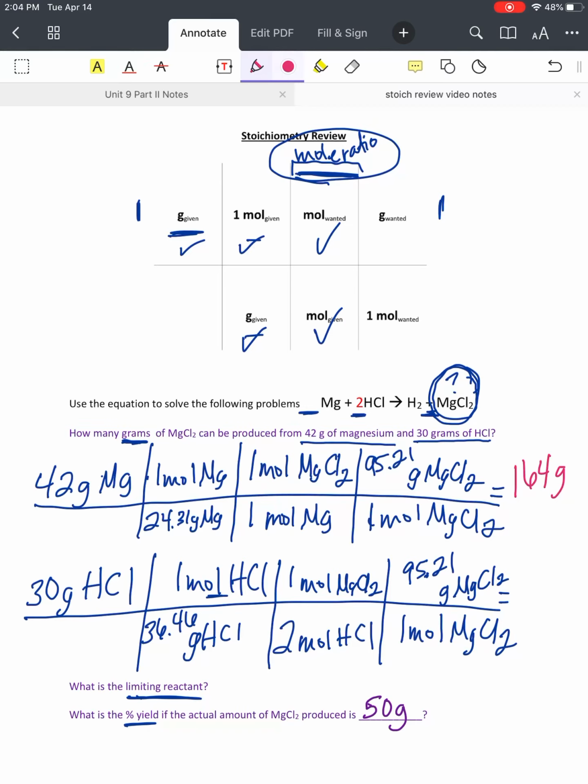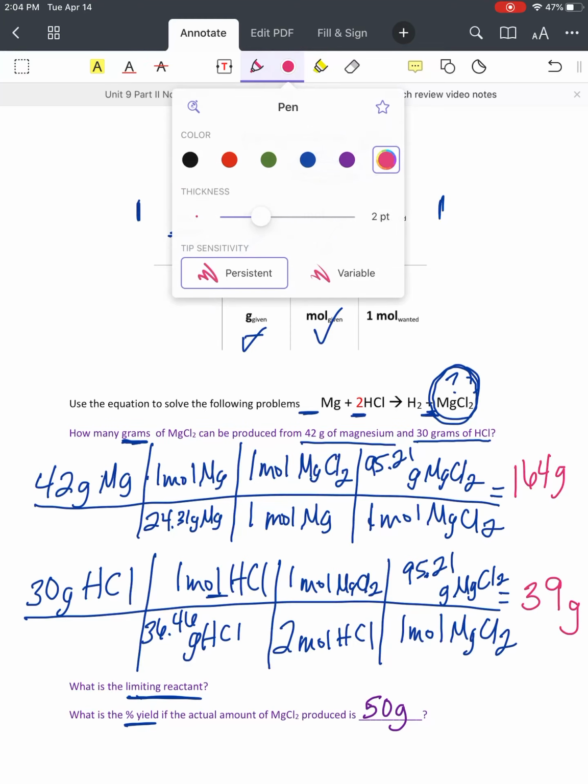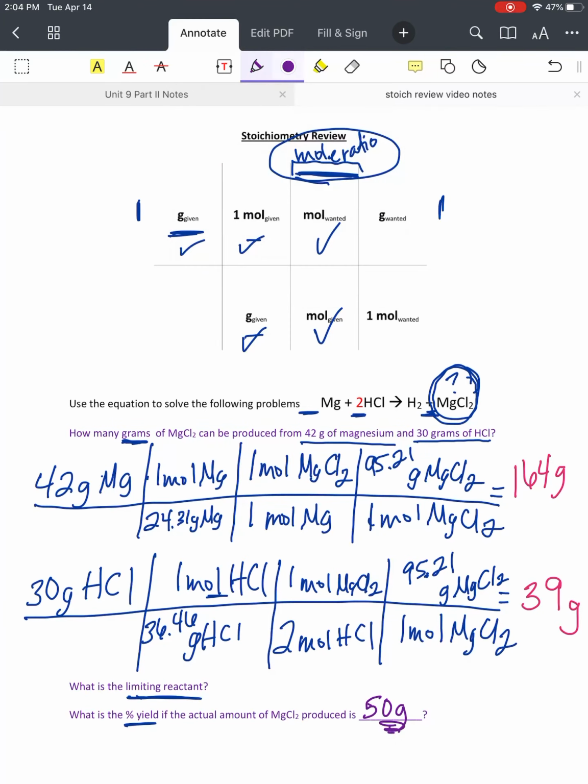Let me divide this one more time. Divided by 2. All right, so 39 grams. Okay, so now let me mark this out because I'll have to change my number.